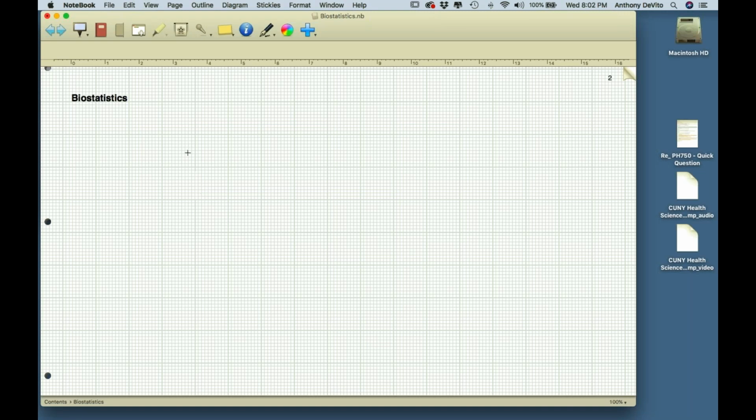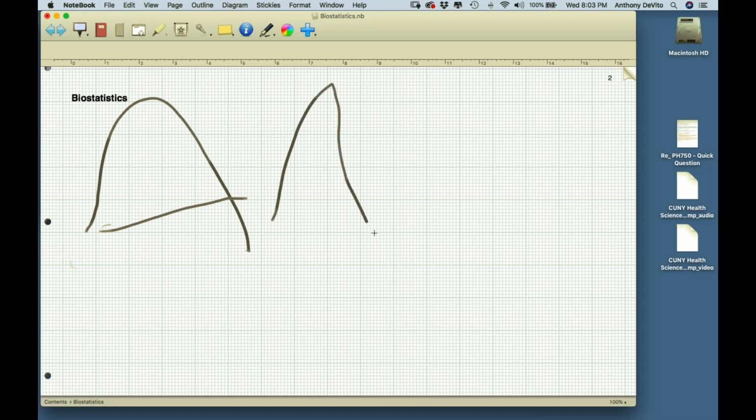Okay, so I related this idea of a population distribution and our sample mean distribution to each other.